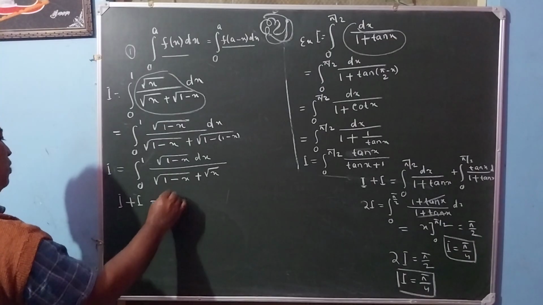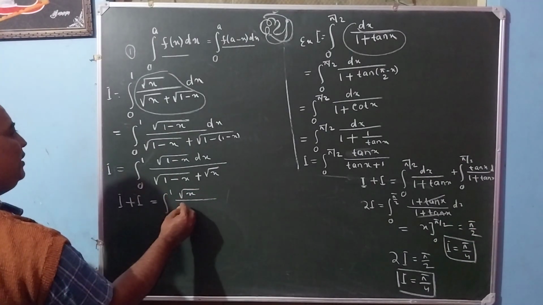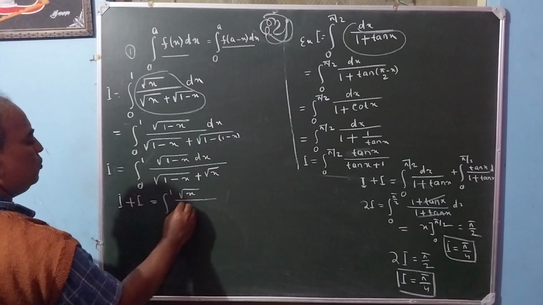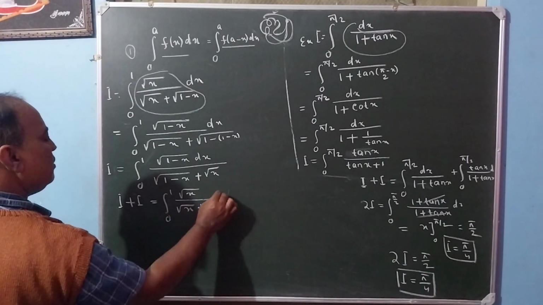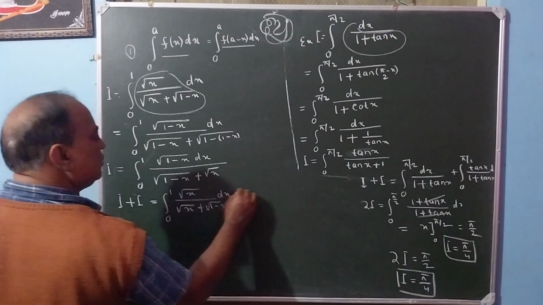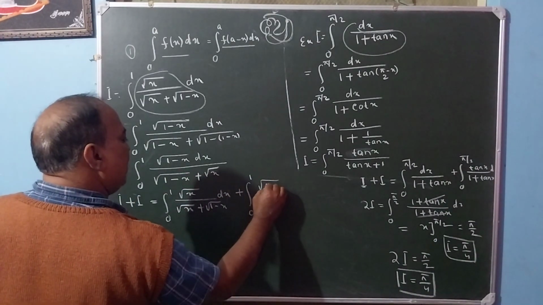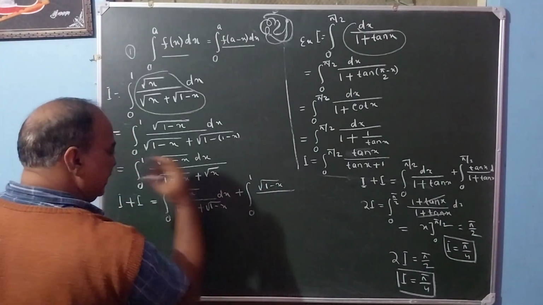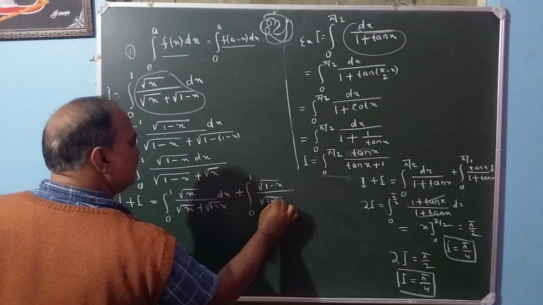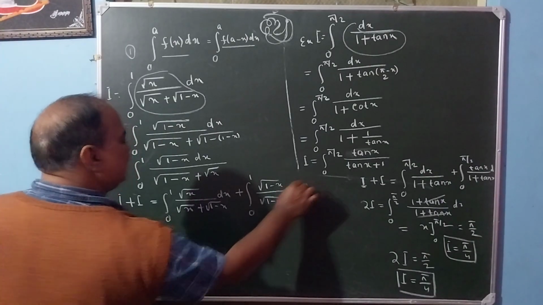I plus I is the integration from 0 to 1 of root x divided by root x plus root 1 minus x, dx, plus the integration from 0 to 1 of root 1 minus x divided by root 1 minus x plus root x, dx.